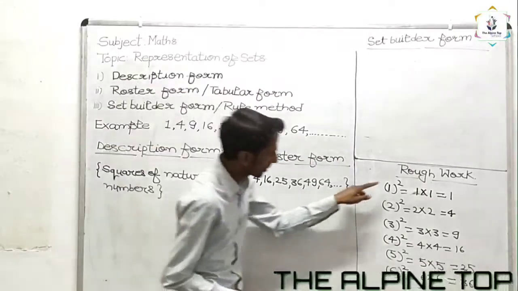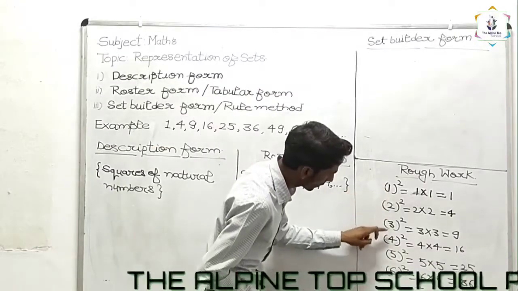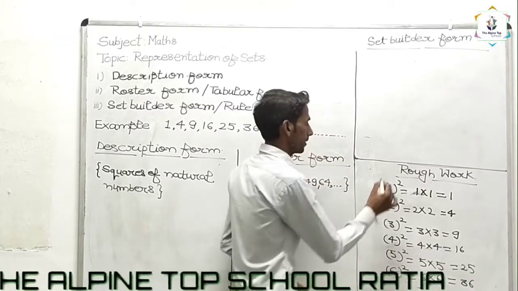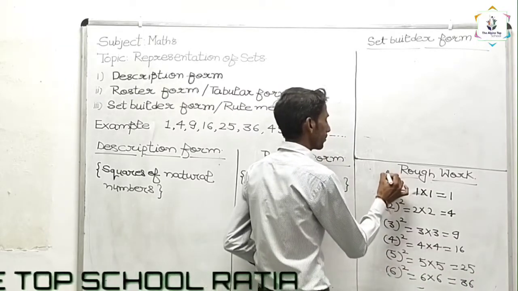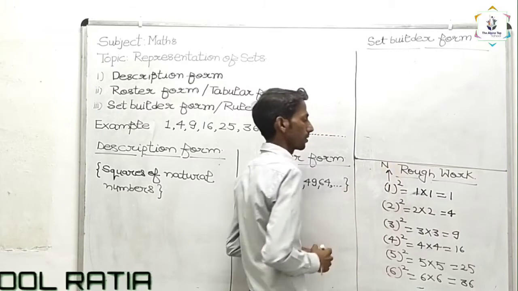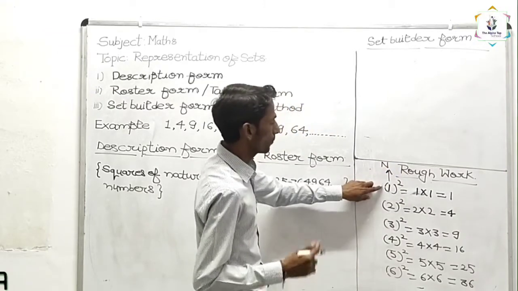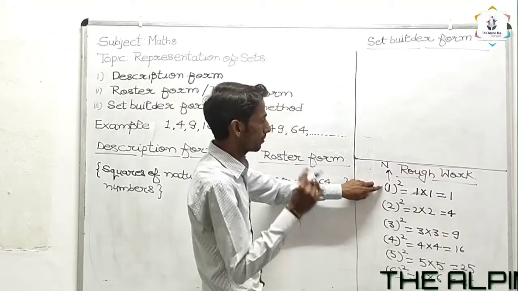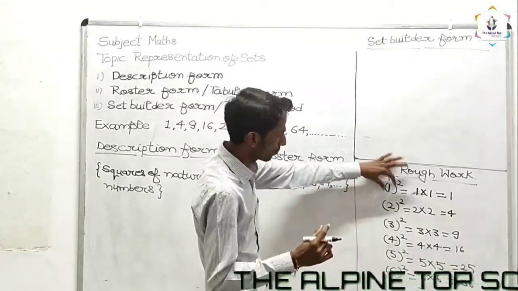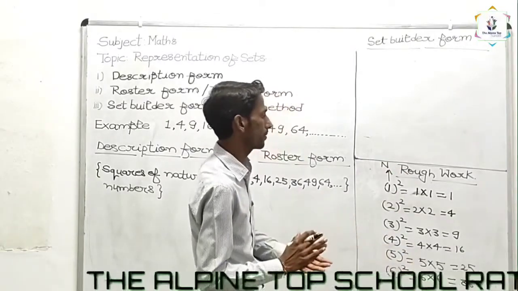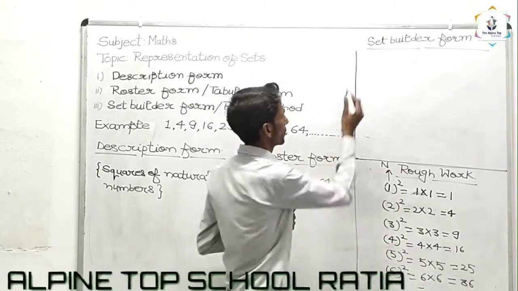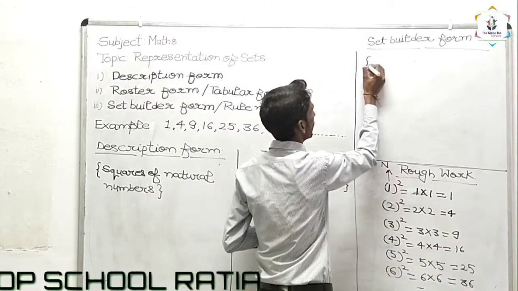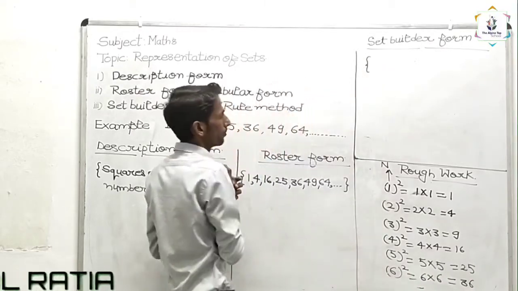Obviously, we are observing here 1, 2, 3, 4, 5, 6. These all numbers belong to natural numbers. It means if we want to give a unique and common image to all elements by a single algebraic symbol, we may write the set builder form of the given numbers like that.